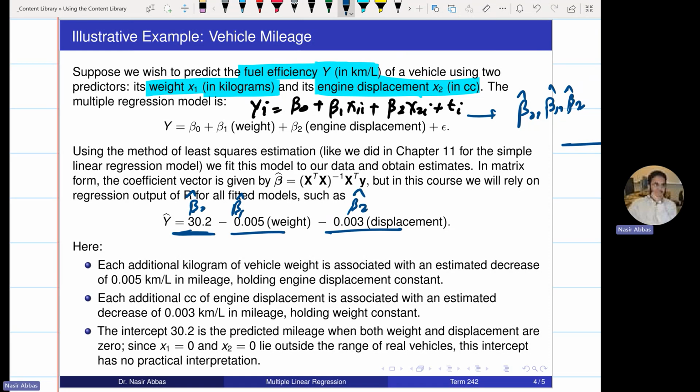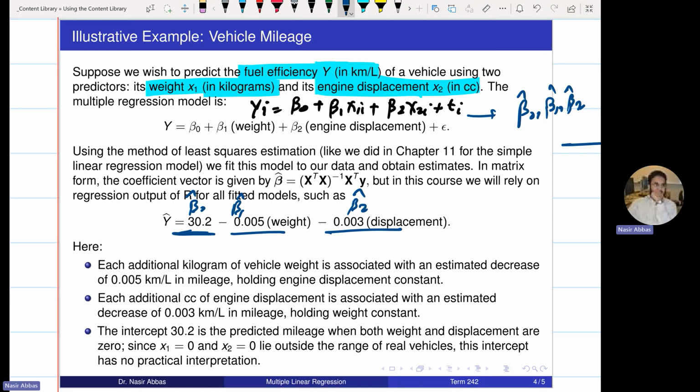How will you interpret these quantities? Look at the bottom of your screen. It says that the interpretation for beta 1 hat is each additional kilogram of vehicle weight is associated with an average decrease, not increase, decrease because of the minus sign, of 0.005 in the mileage, holding the other predictors. What are the other predictors?